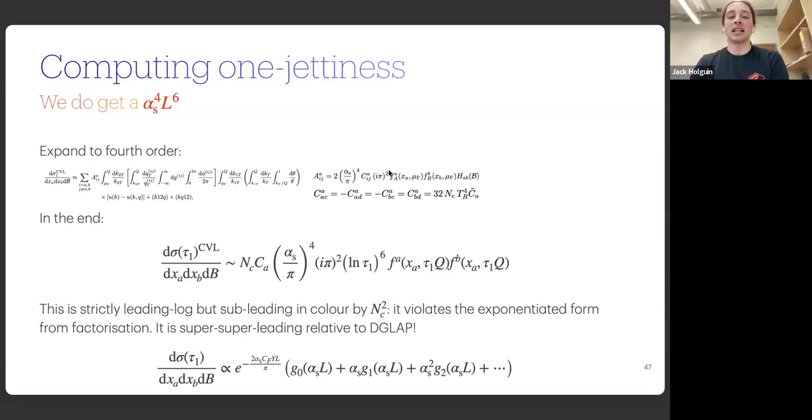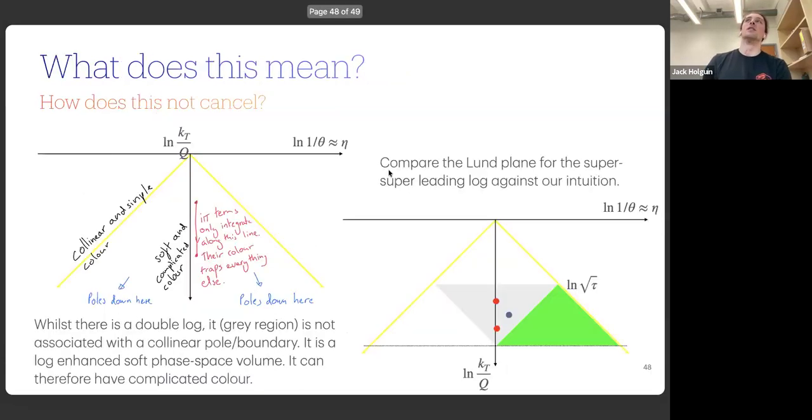Yeah, and I think the increasing knowledge that we have of what this actually means is that it's always been a statement that Collins-Soper-Sterman factorization, up to power suppressed terms in Q, holds given a sufficiently inclusive measurement.